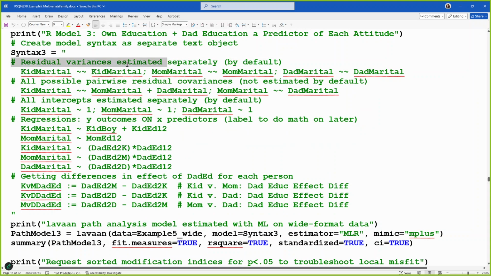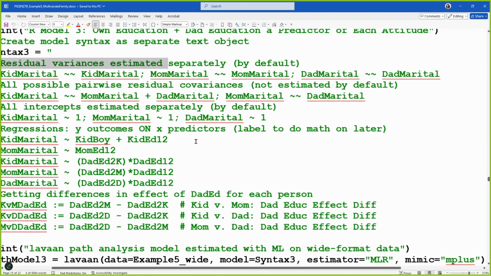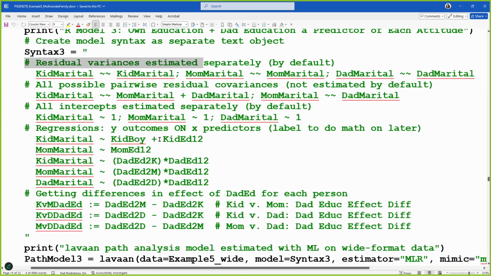The comments start with the # hashtag, and the conventions of how you describe things in lavaan are as follows. Double squiggle, tilde tilde, is a variance or a covariance. If it's the same variable on both sides, then it's a covariance with itself, which we would call a variance.